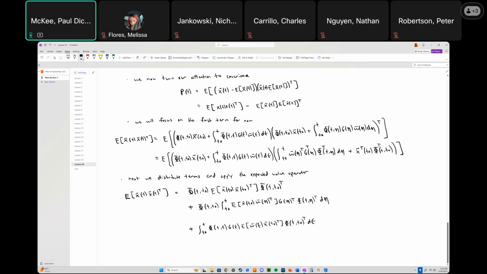Okay, so those are our inner two terms, and then we've got our last term, which is going to be the double integral, the dreaded double integral here, which is integral from t naught to t, integral from t naught to t, phi epsilon to t, g of epsilon, expected value of omega of epsilon, omega of eta transpose, and then we've got g of eta transpose, phi from eta to t transpose, d epsilon, d eta.